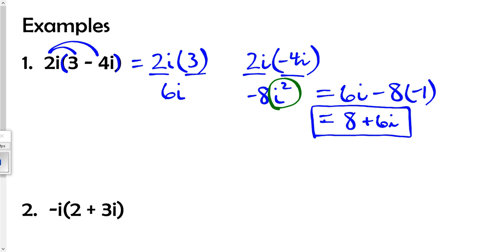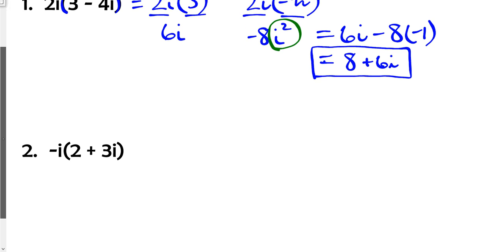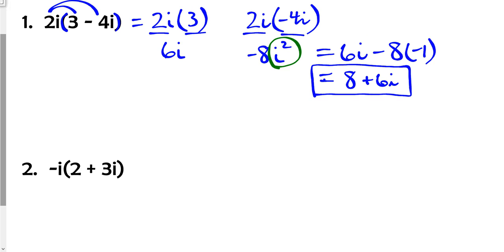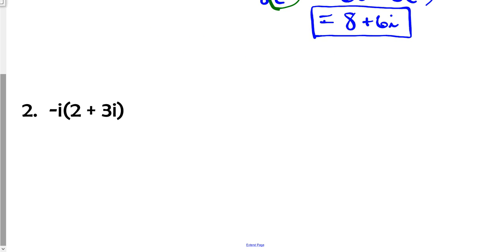For the next example, I'm not going to show you all the intermediate steps. I'm assuming you can pick up on that relatively easily. So we've got this -i, and we're multiplying it by 2 plus 3i.